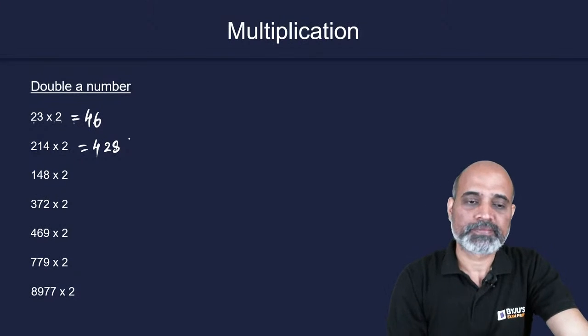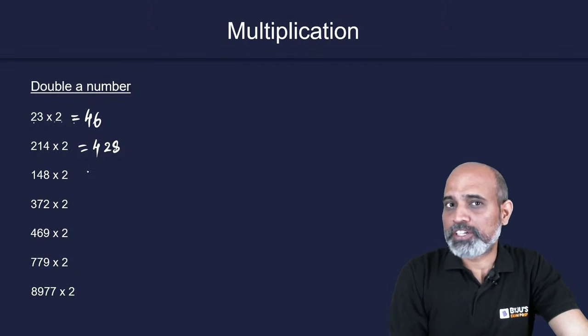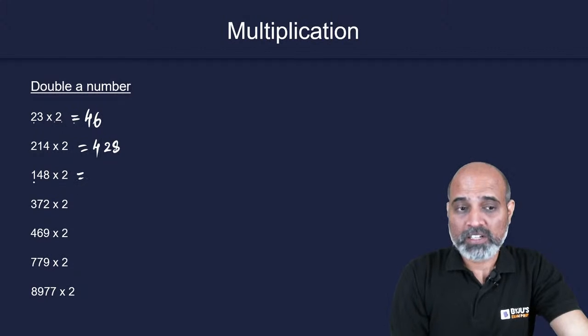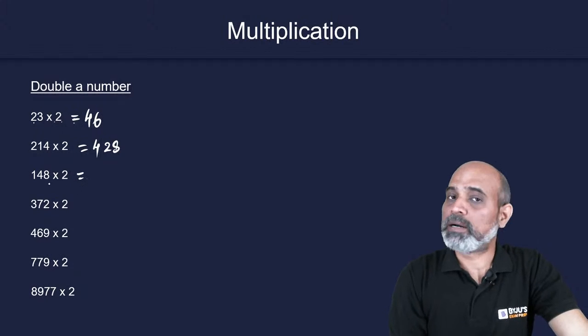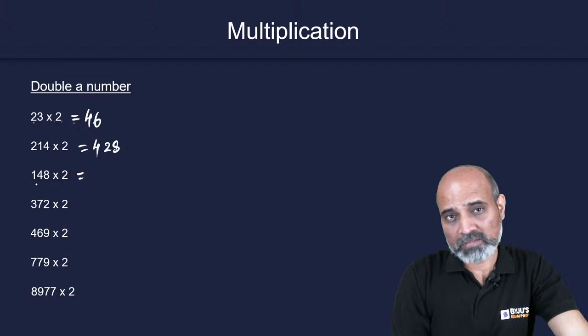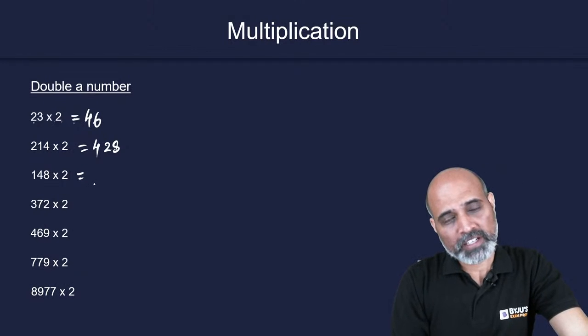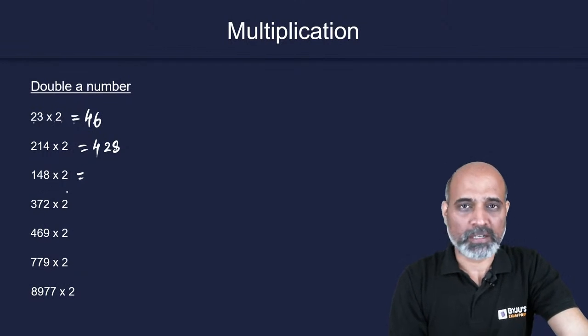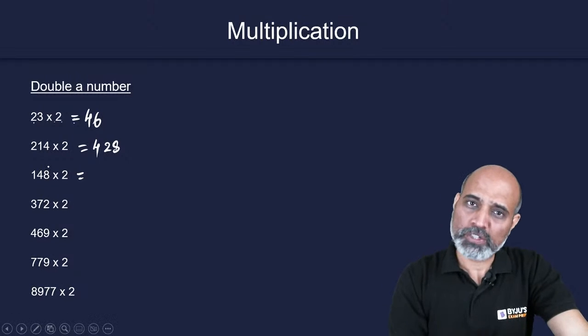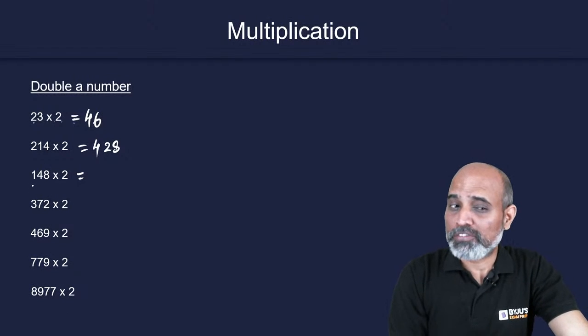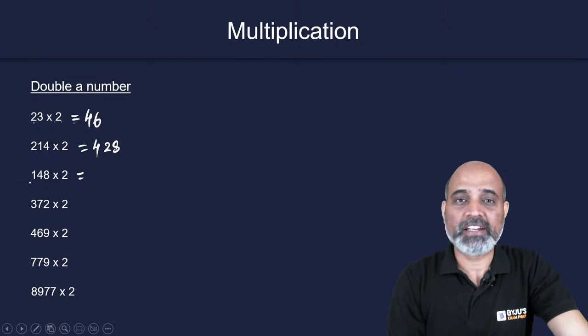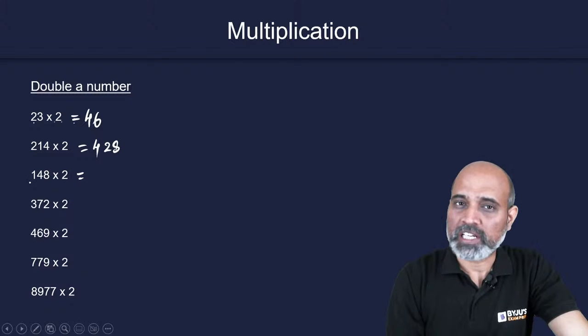Uski practice. If I have to double 148, so double of 14, double of 8, or double of 1, double of 4, double of 8, or double of 14, double of 8, right? There are many ways to do it. But if I do double of 14 first and then double of 8, then double of 8 is 16. It will be a 2-digit answer.